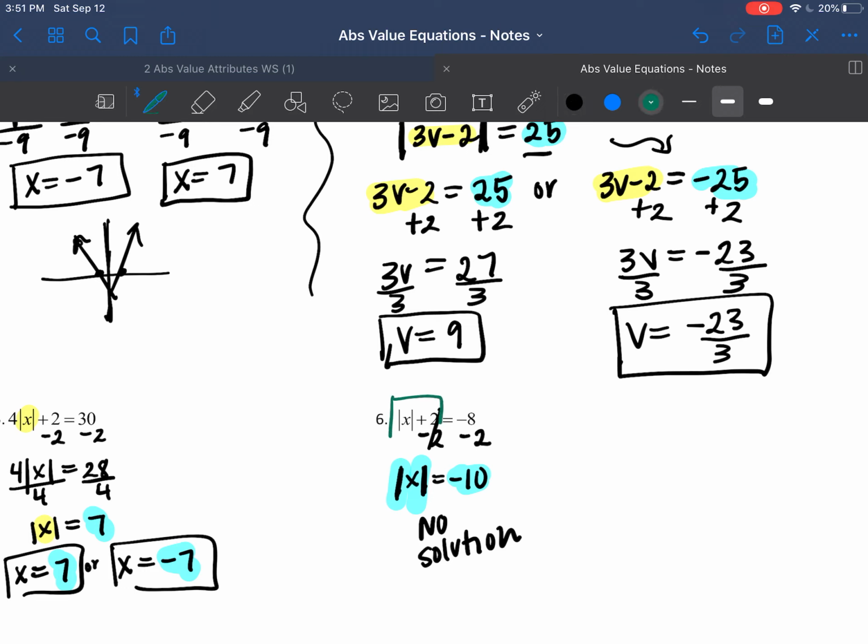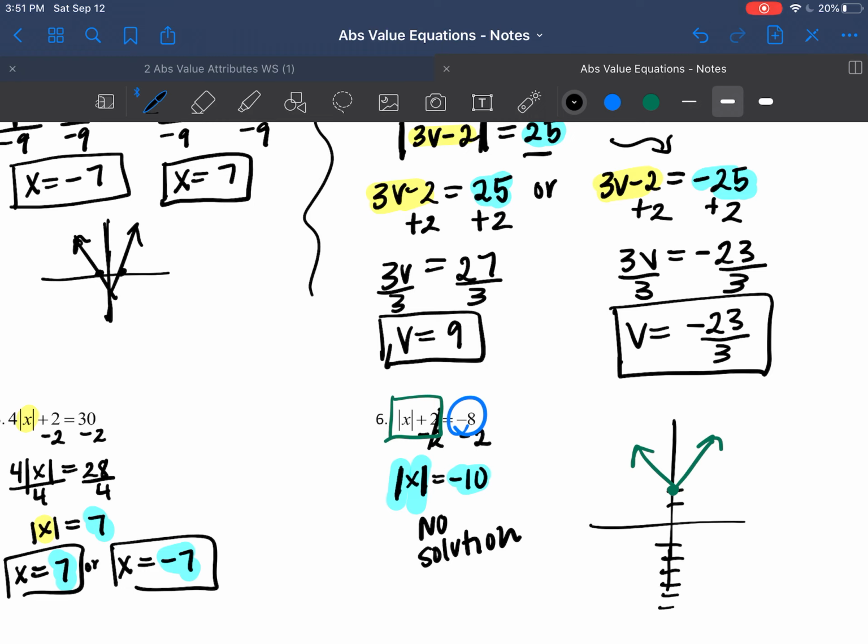If I picture what this is looking like on a graph, this left side is our parent function plus 2. So that means it has been moved up 2. And so it is looking just like that. And we're asking, when does it ever equal negative 8?